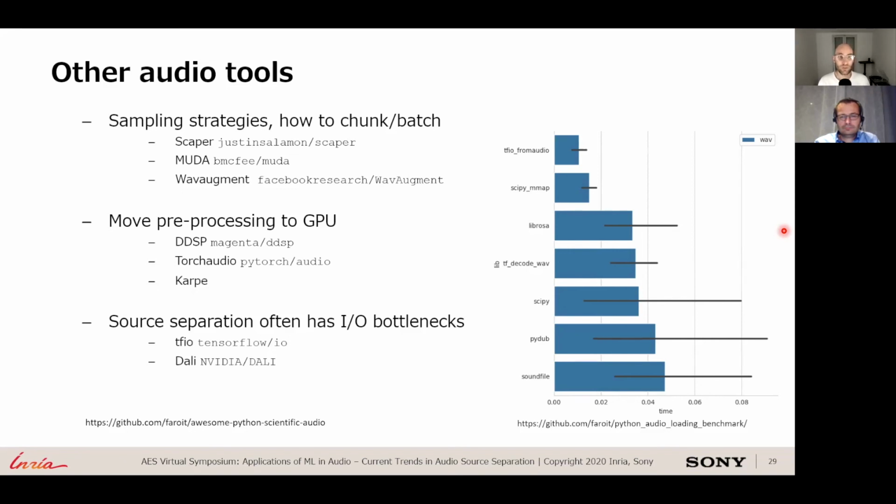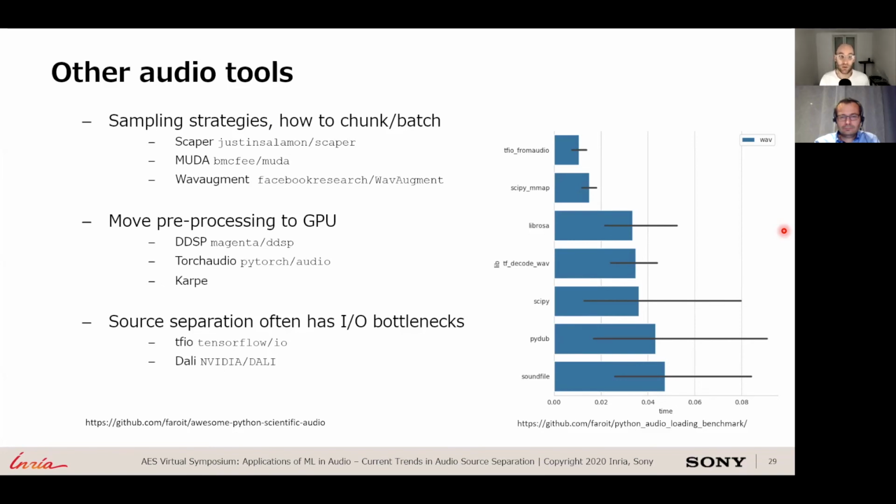And also, there's a continuous trend of moving more and more things to the GPU, and that is very helpful. And last but not least, very important, the I/O systems for loading and saving audio have dramatically improved in the last years, and that makes it possible to scale source separation systems.